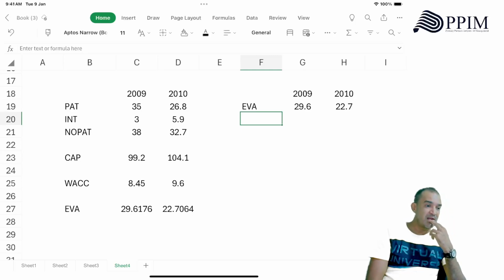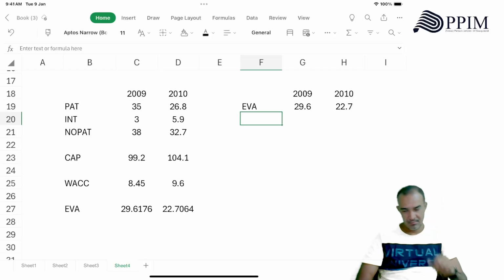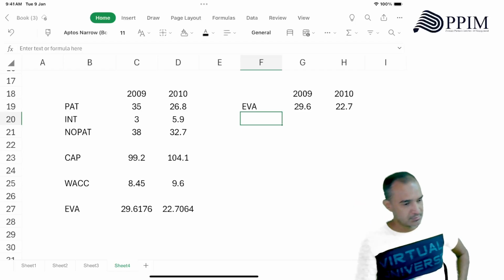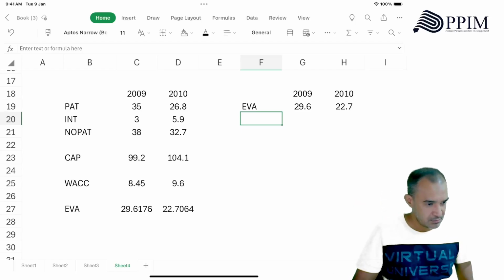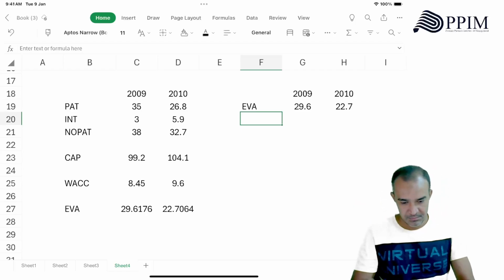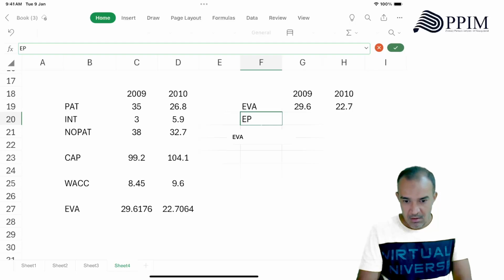There are no operating leases. Then next one, there are no additional adjustments to make regarding goodwill.